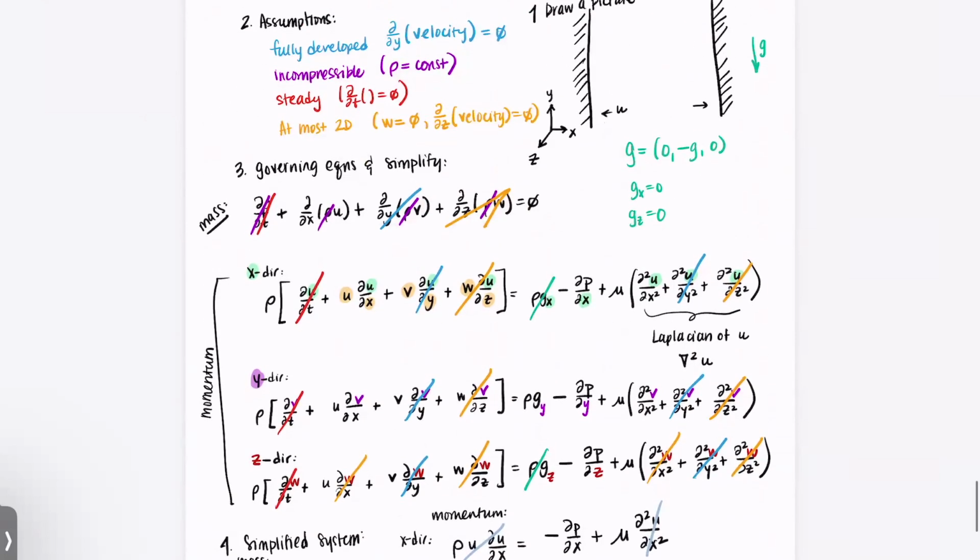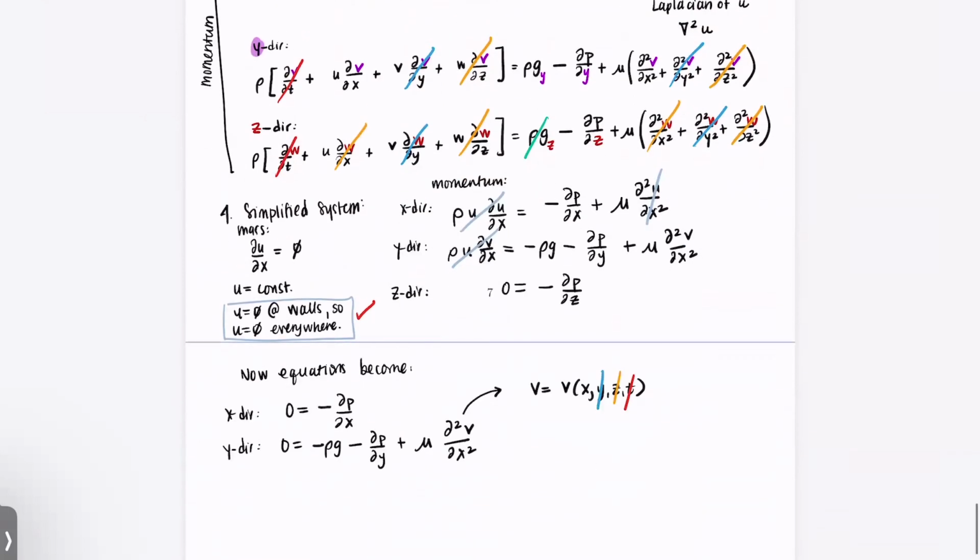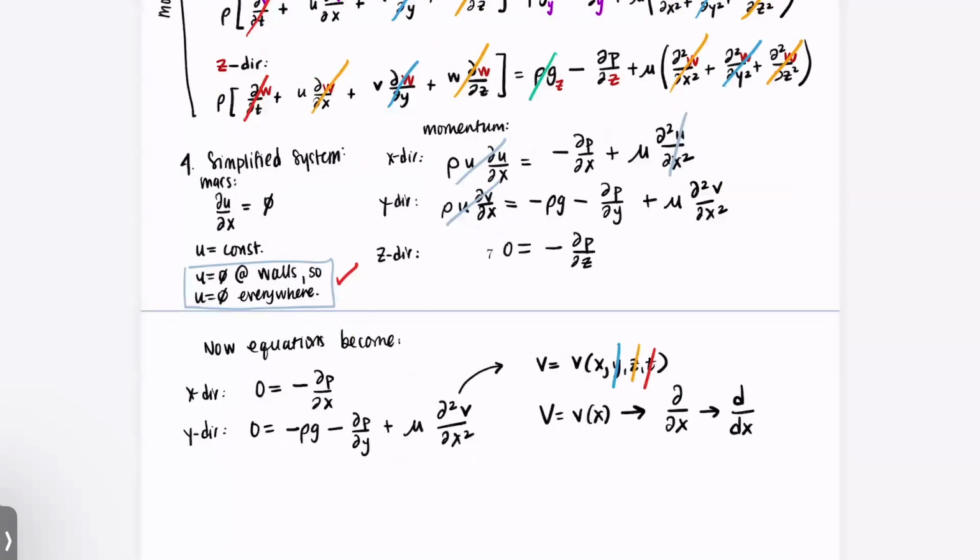And we also said it was fully developed, so it doesn't depend on y. So we know that v is only going to be a function of x, which means that I can turn my partial derivatives into a total derivative. Does that feel okay for everybody?